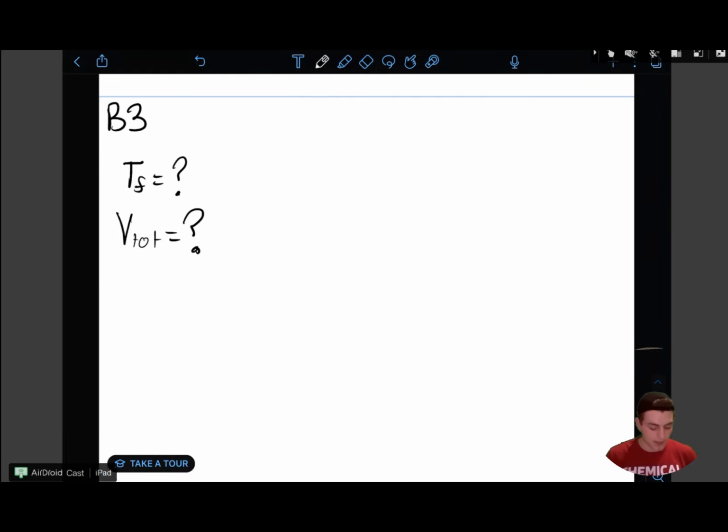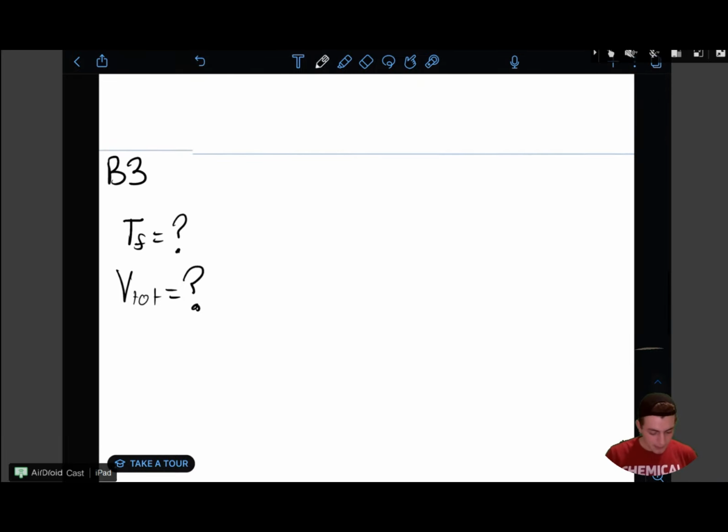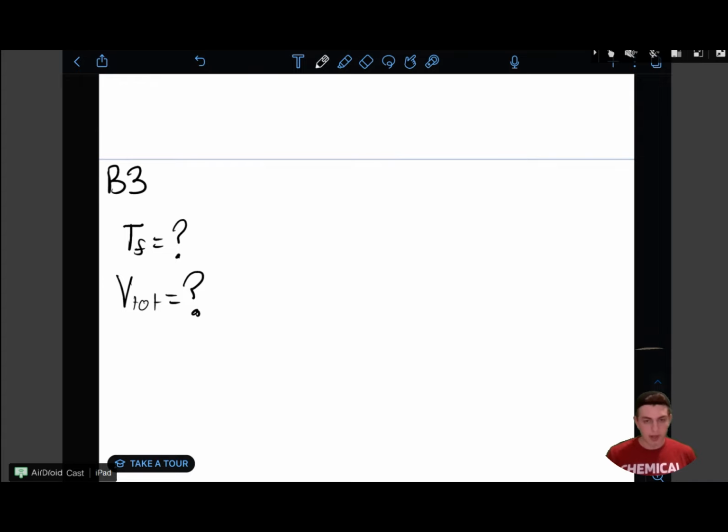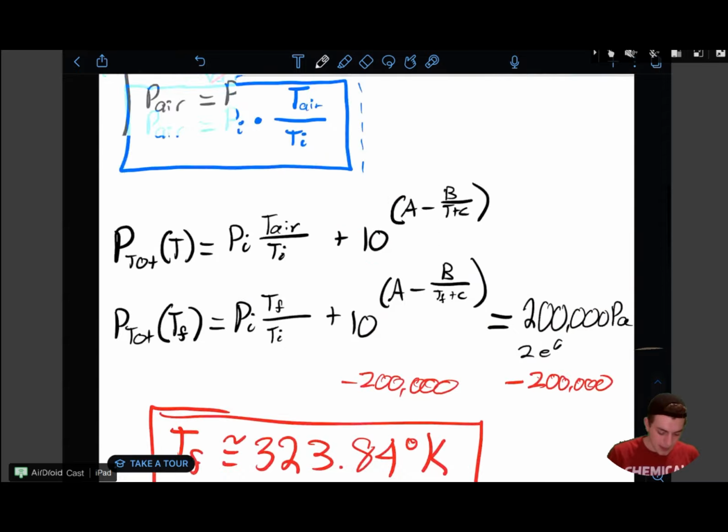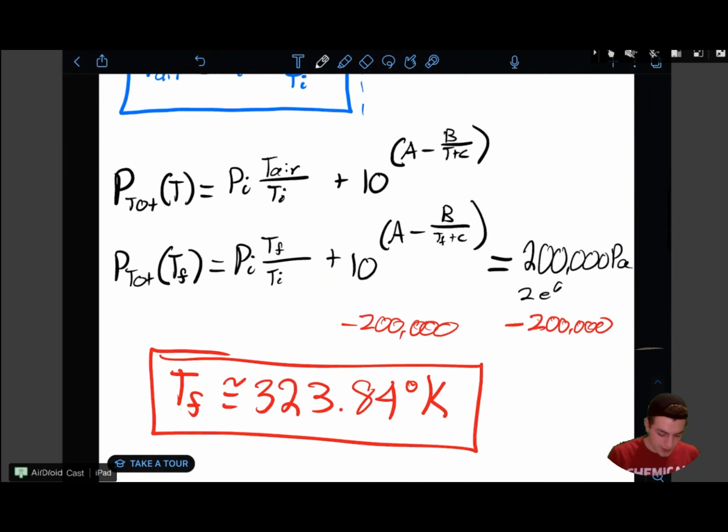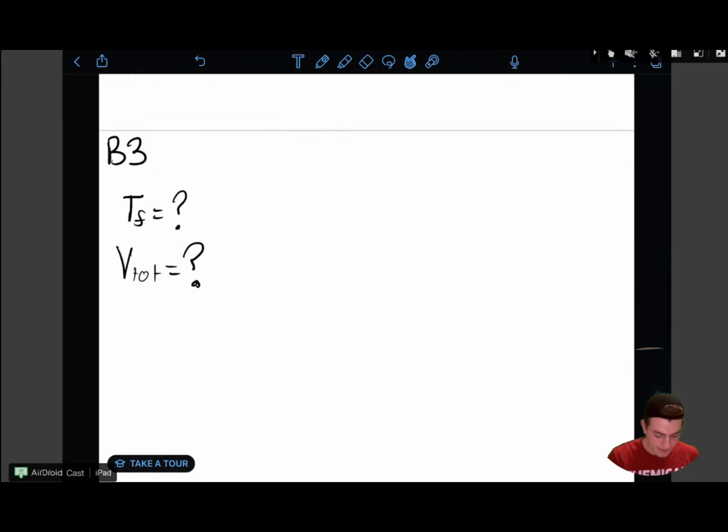We really don't know. So, given these two unknowns, we need to derive a system of equations for which we can solve these two variables, or parameters here, rather. So the first equation is going to look relatively similar for finding our temperature as this equation. So I'm going to go ahead and copy it down here.